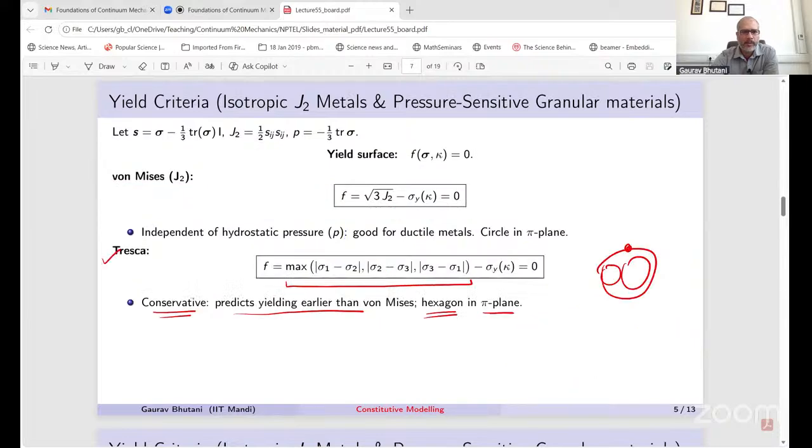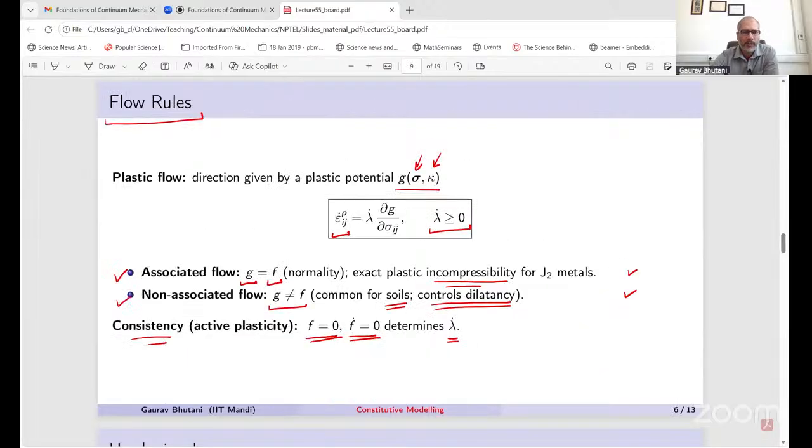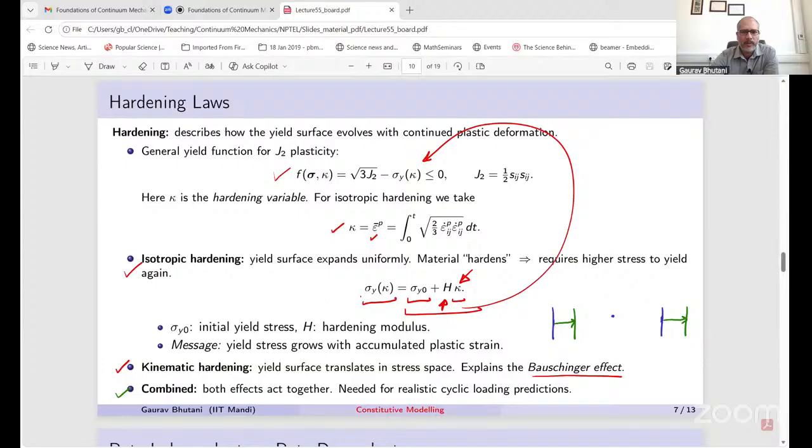Right? There's a von Mises model, there's a Tresca model, and the Drucker-Prager model, which is a pressure dependent model. We talked about the flow rule and then the hardening, which basically incorporates the change in yield stress because of the history of your straining in the material.